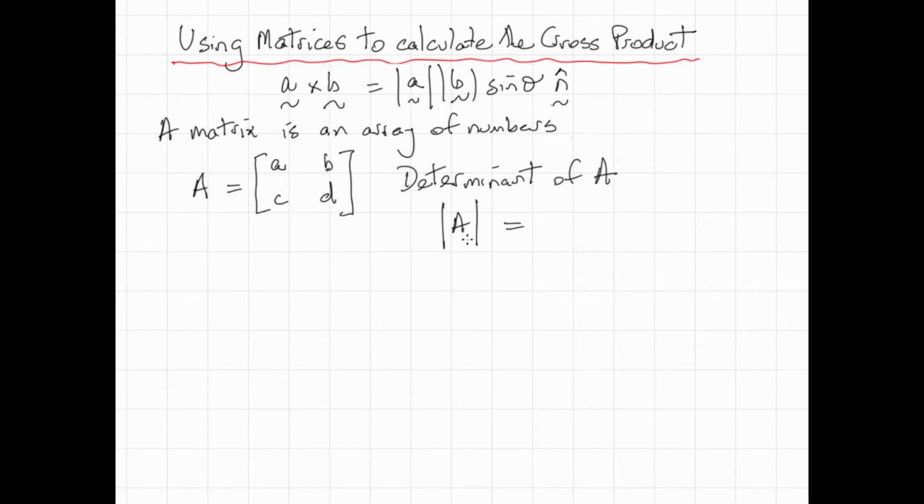It's just a characteristic of the matrix. If it's a 2 by 2, it's pretty straightforward. We just multiply the leading diagonal elements, so that'll be A times D. And then we subtract the other diagonal multiplied together, so minus B times C. Or probably a better way to write that, we don't write the multiplication, AD minus BC. That's pretty straightforward for a 2 by 2. So you can calculate the determinant of any square matrix.